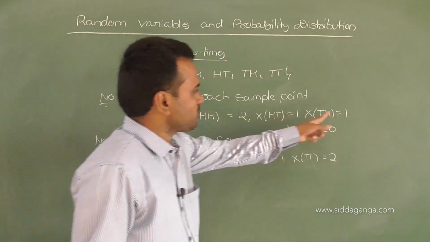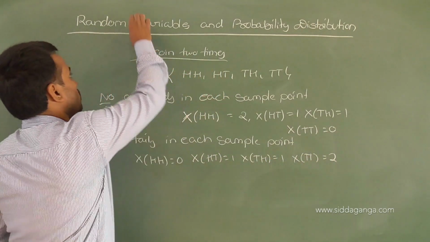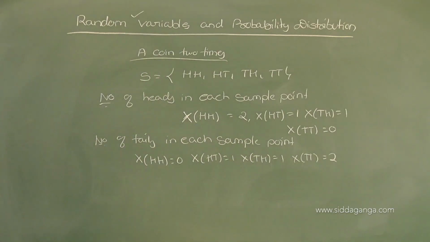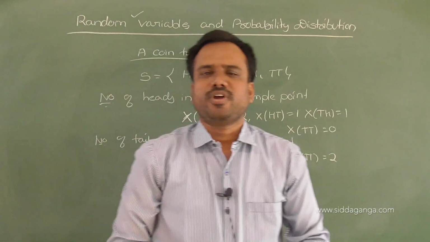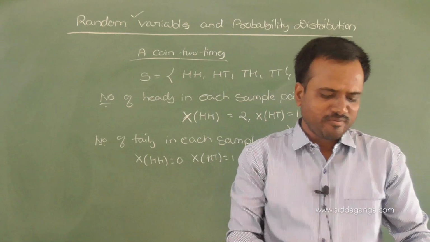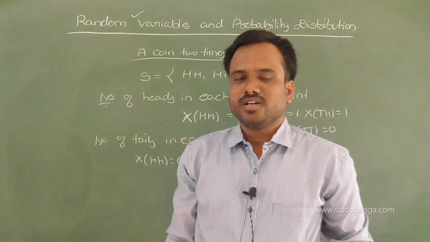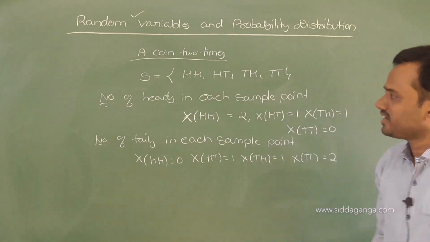What we got, these values, are called random variables. The definition: a random variable is a real valued function whose domain is the sample space of a random experiment.